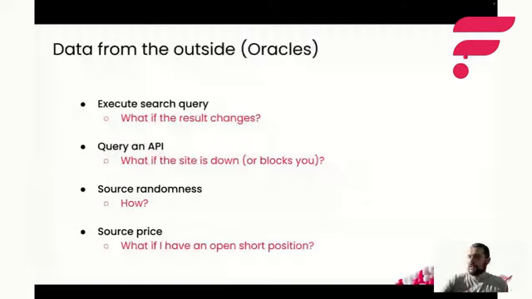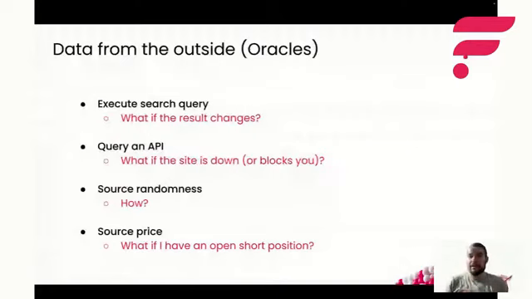But the problem is that as soon as you're in a decentralized world and anyone can be providing you this price, or you don't know who exactly is providing you this price, you might be on the hook that the person or the entity providing you the price is opening a short position somewhere and might profit from this price being problematic. So those are all the things that come with the word oracle. All the things that you need to be careful about when considering getting external data, and all the things that need to be thought of when designing a system that gathers data in a secure manner.